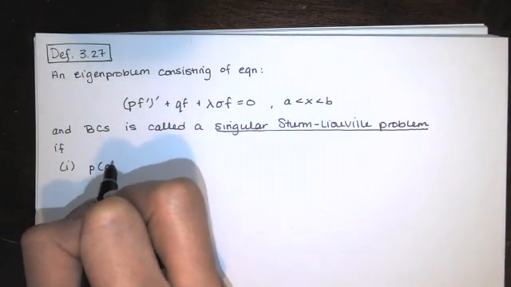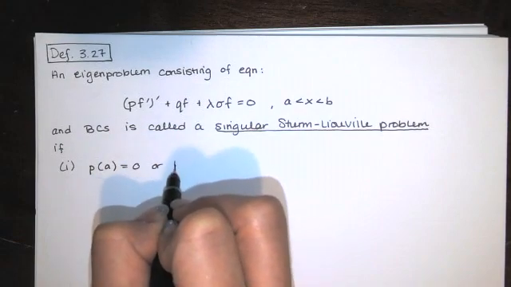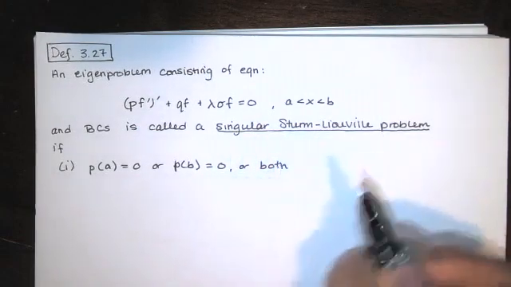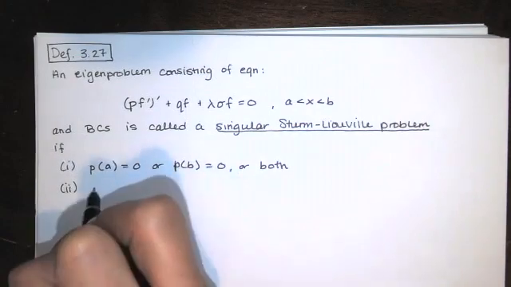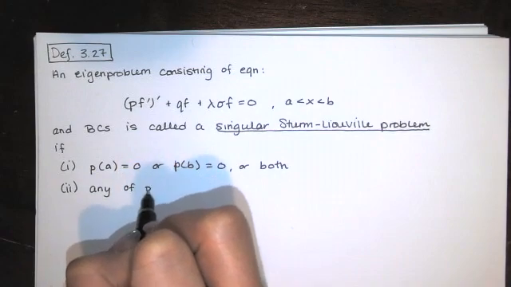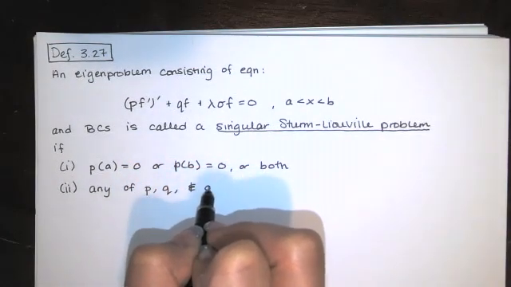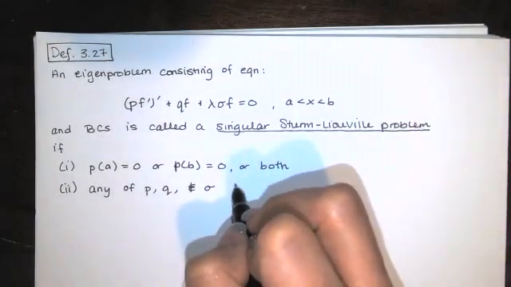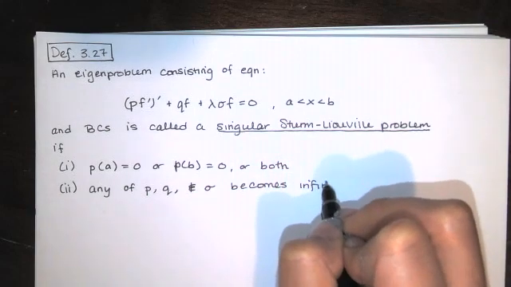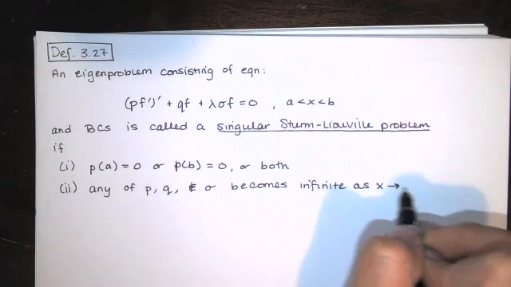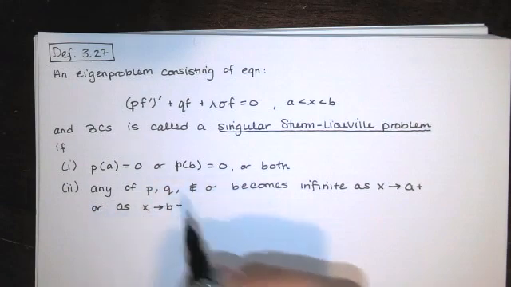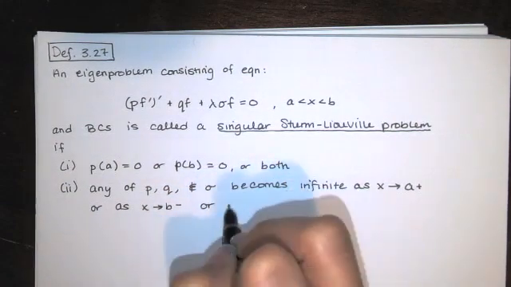So either P of A is 0 or P of B is 0 or both. Or any of P, Q, and, excuse me, sigma becomes infinite as x approaches A from the right, or as x approaches B from the left, or both.